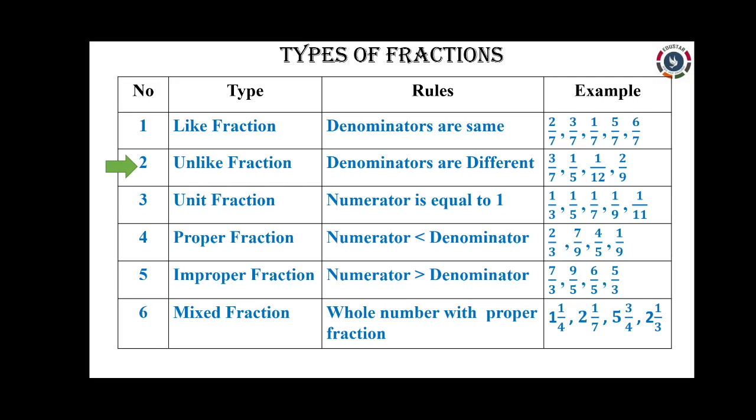Here all the denominators are different: 7, 5, 12 and 9. Next, unit fraction. In unit fraction, the numerator must be 1. Look at these examples. In these examples, all the numerators are 1.